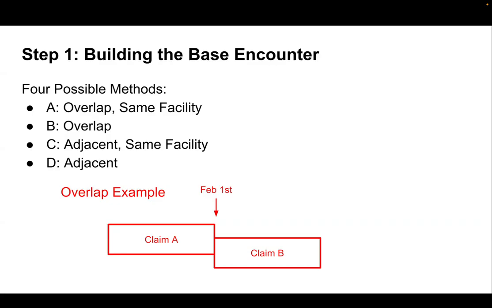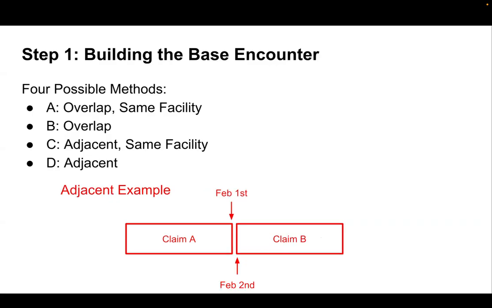Overlap means any date on claim A has to have some overlap with some date on claim B. So in this example, the end date for claim A is February 1st, and the start date for claim B is also February 1st. So that counts as an overlap based on how we're defining overlap.